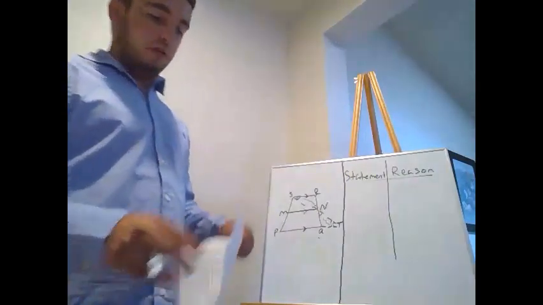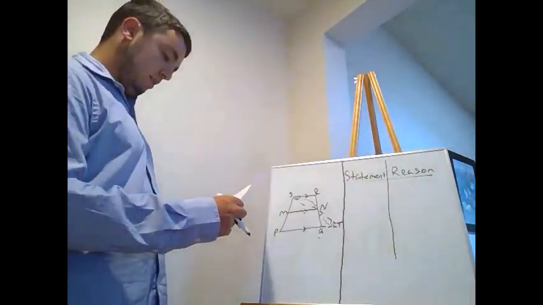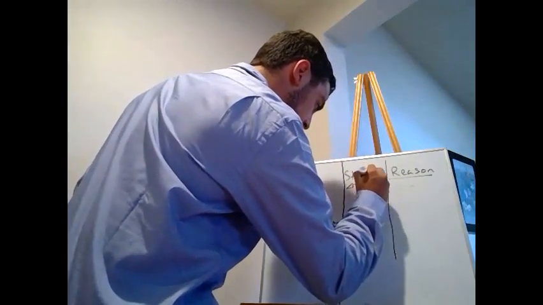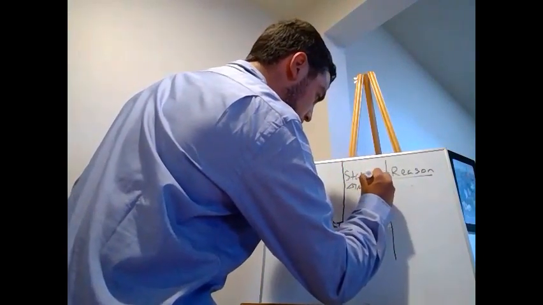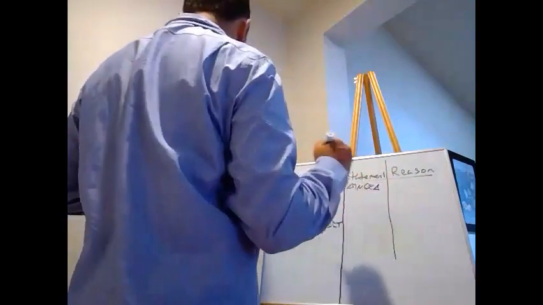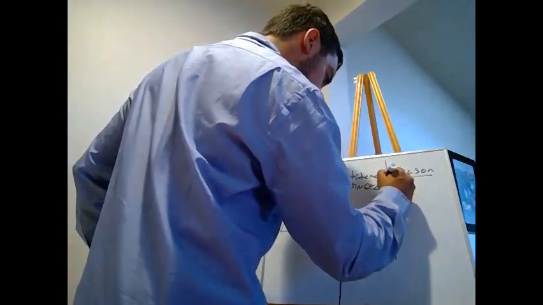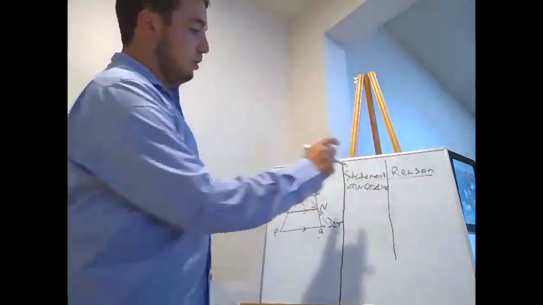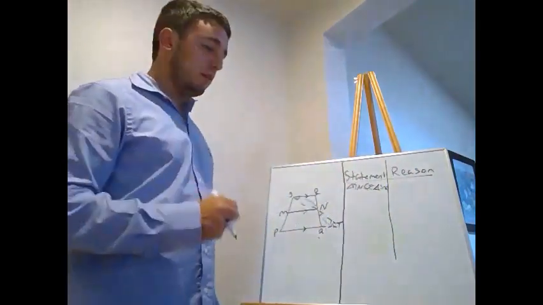So our first statement will be that triangle TNQ is going to be congruent to triangle SNR. Now remember, the order of the letters matter here.